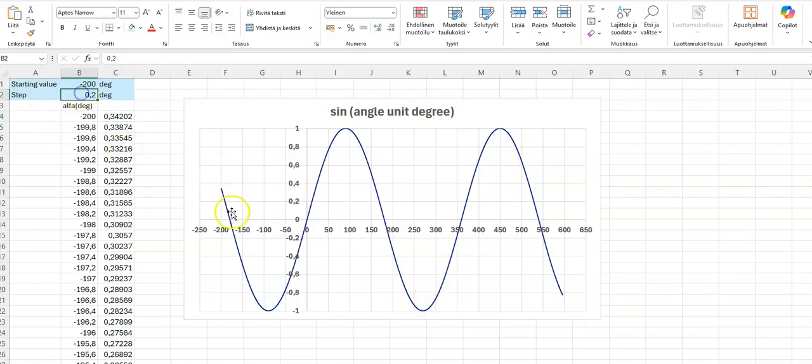I could change these values there, but I'm not going to do that because I should change also the scales of these axes there. But here you can see the period of the sine, because if you see that here we have this point and we are going to this line, and at this point we are at the same height again.